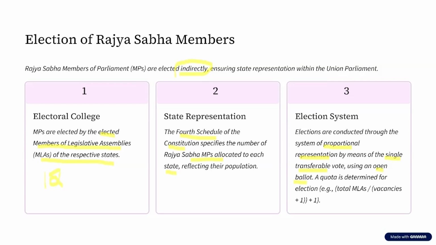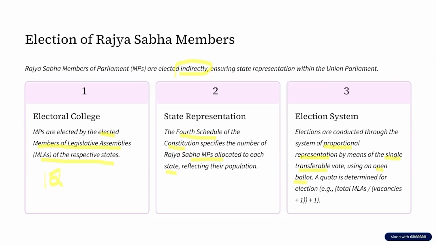Open ballot means the MLAs who elect the MPs to Rajya Sabha are bound by the directives of the party. For example, tomorrow, let us assume there is a Rajya Sabha election for members of Rajya Sabha from Karnataka, and let us assume there are six vacancies.